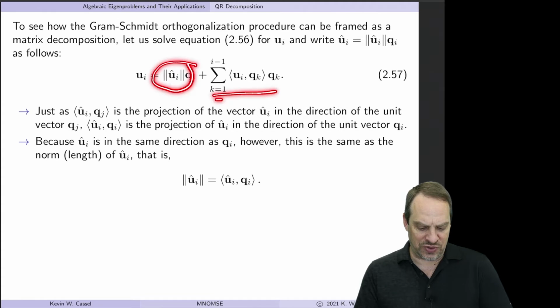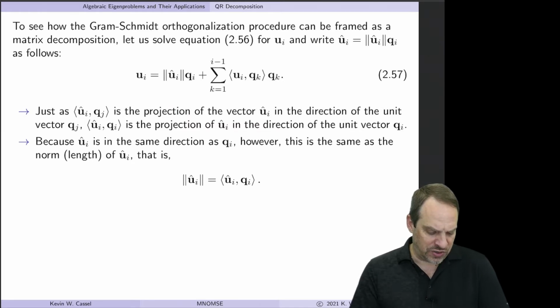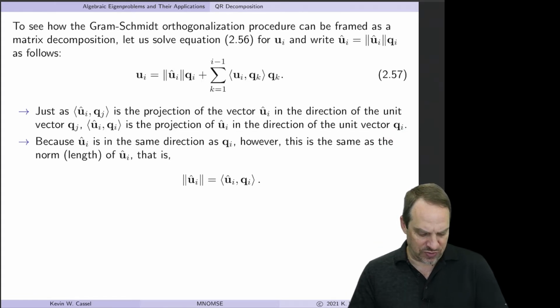I'm not really going to do anything with the summation portion here. I'm going to focus on this term to put it into a useful and helpful form. So remember that just as the inner product of ui hat with qj provides a projection of the vector ui hat in the direction of the unit vector qj, by the same token, the inner product of ui hat with qi determines the projection of ui hat in the direction of the unit vector qi. All right, so just inner products as projections.